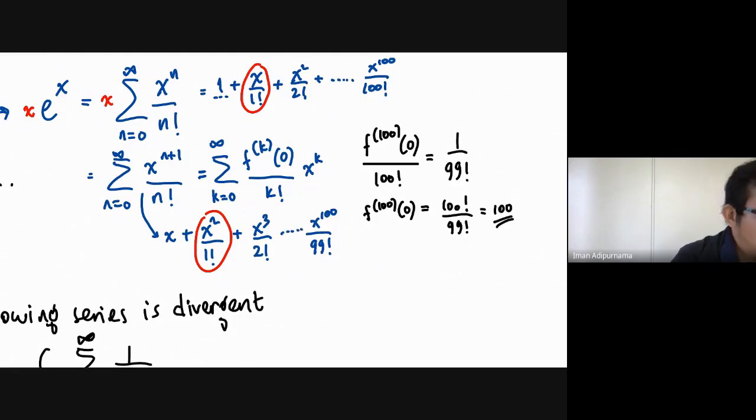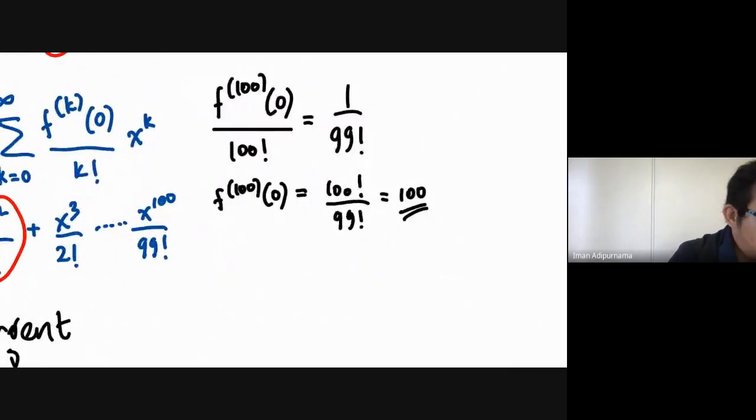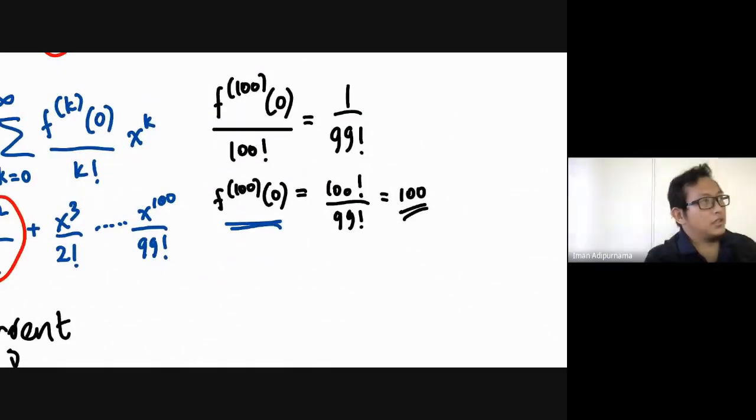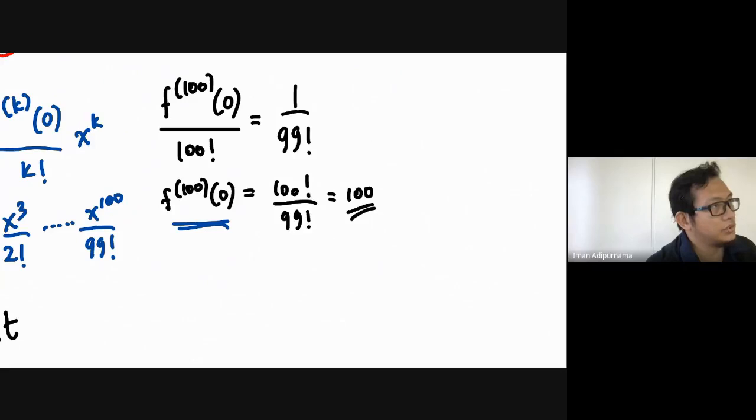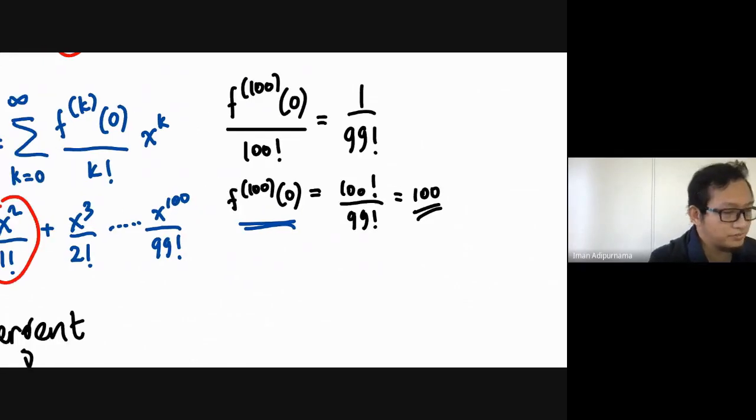Get it? So that's why the f100 at x0 is just 100.